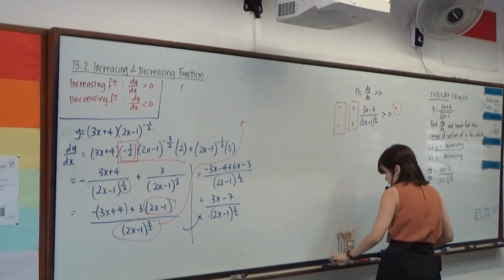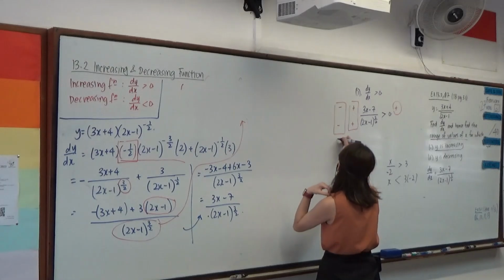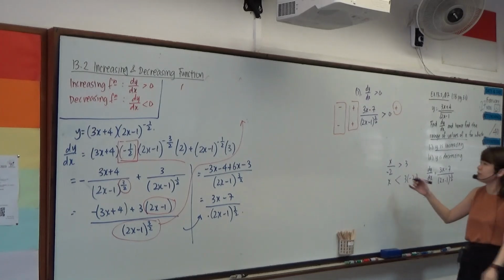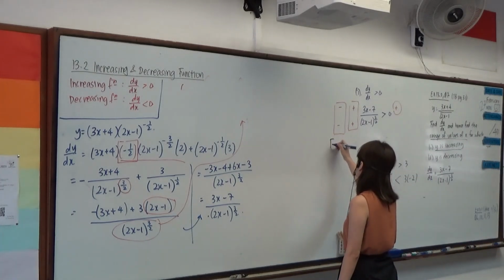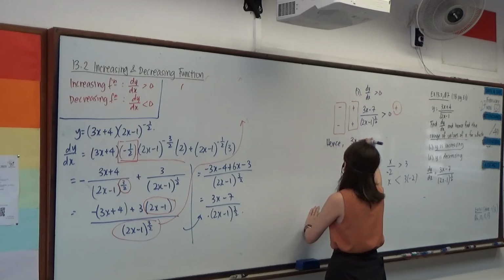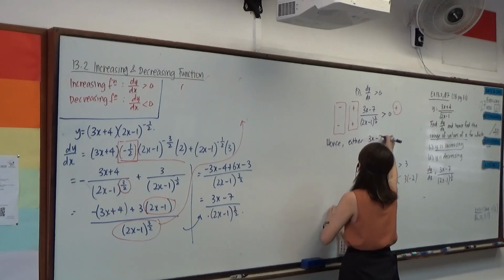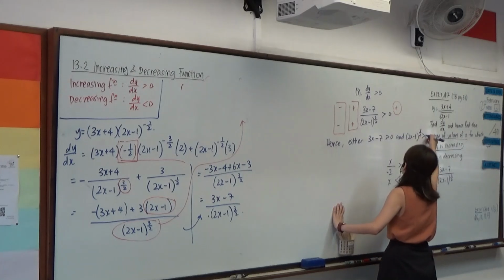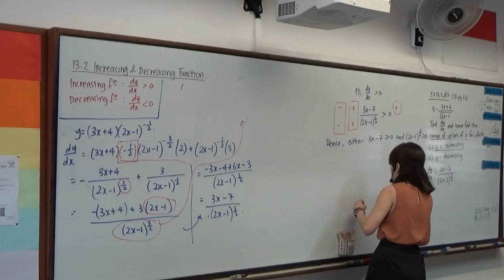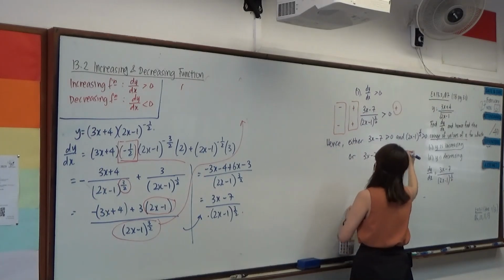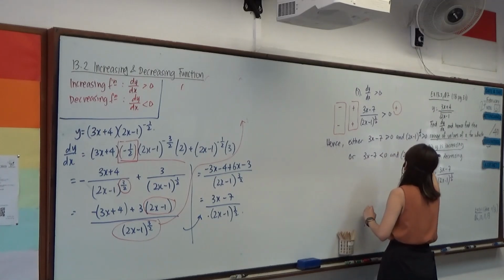Okay, so let's write down the cases. For y to be increasing, either 3x minus 7 is positive and the denominator is positive, or numerator is negative and denominator is negative.